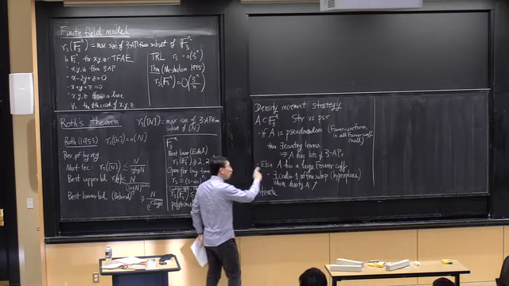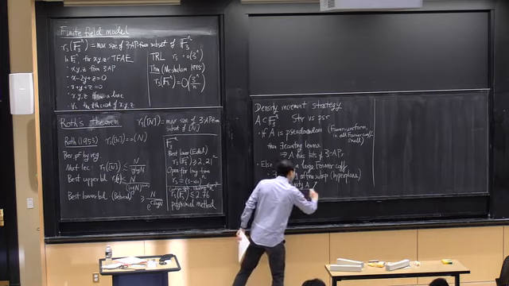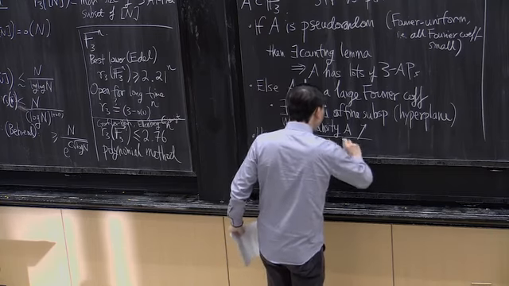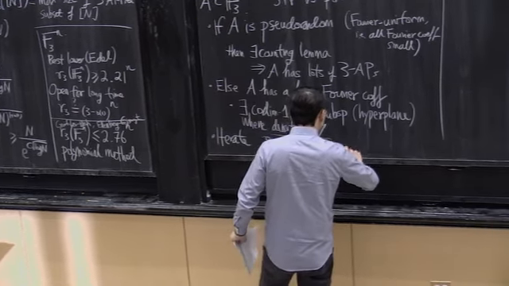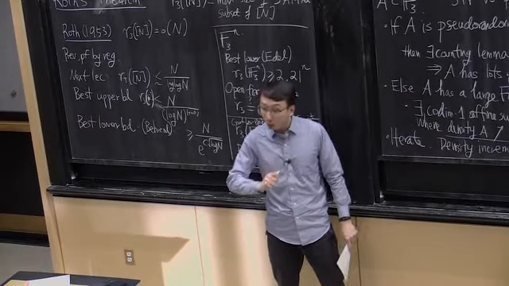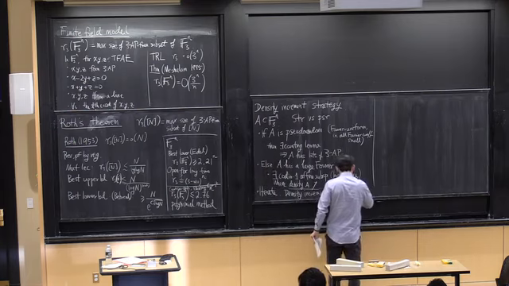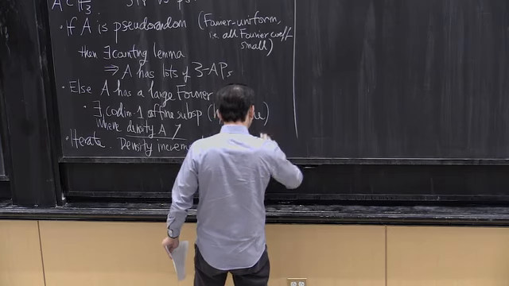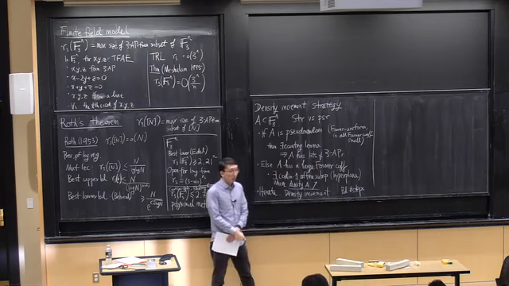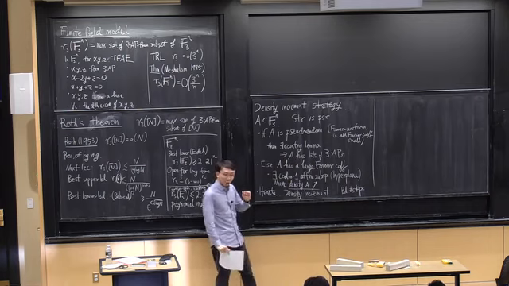And each time you iterate, you obtain a density increment. And the density increment cannot go on forever because your total density is at most 1. So the number of steps must be bounded. Okay, so that's the strategy.